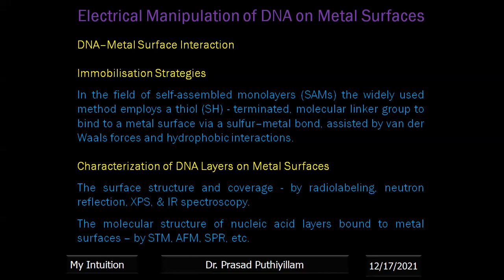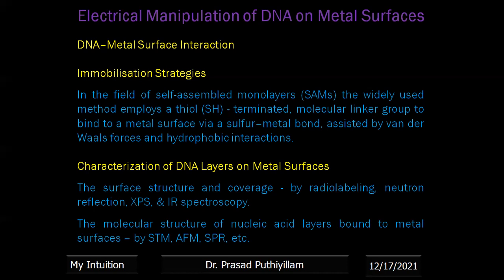In the field of self-assembled monolayers, that is SAMs, the widely used method employs a thiol-terminated molecular linker group to bind to a metal surface via a sulfur-metal bond, which is assisted by van der Waals forces and hydrophobic interactions.